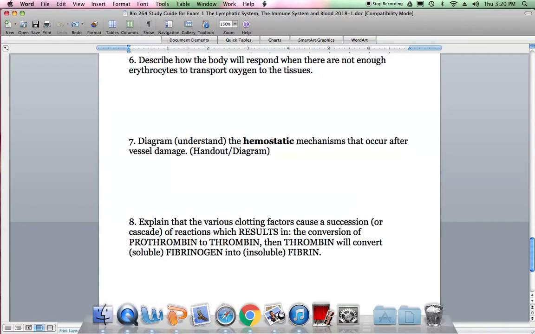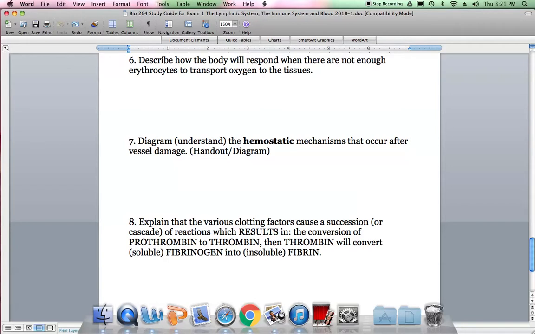And then thrombin, once that's present, will convert fibrinogen, which is soluble, floating around in the blood just ready in case it's needed. Thrombin will convert the soluble fibrinogen into an insoluble molecule called fibrin, and just as it sounds, kind of like a fiber. It's a fibrous, insoluble protein that will now be at the site where the platelets are aggregating.